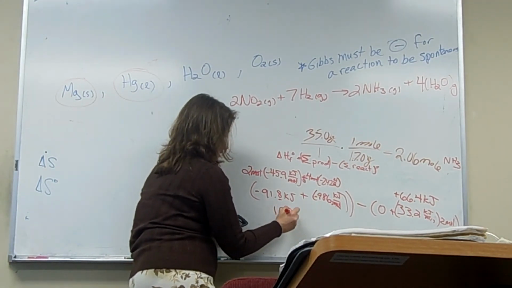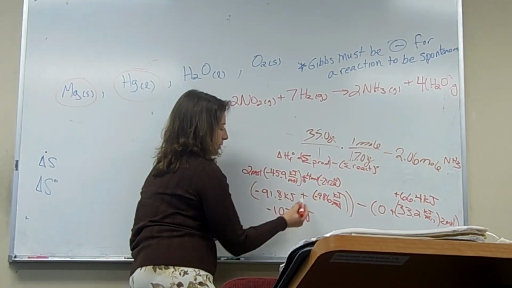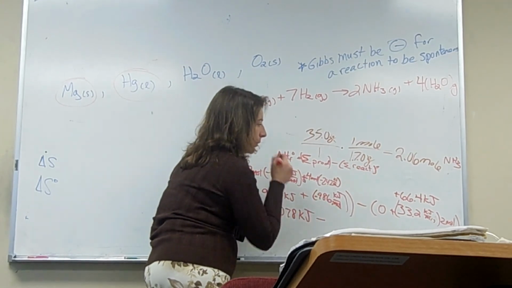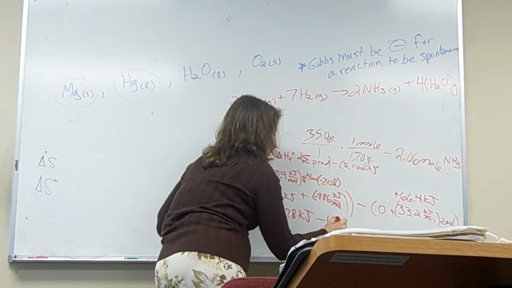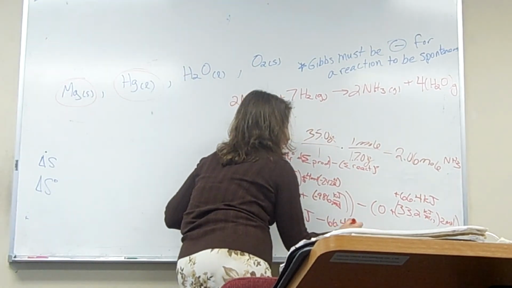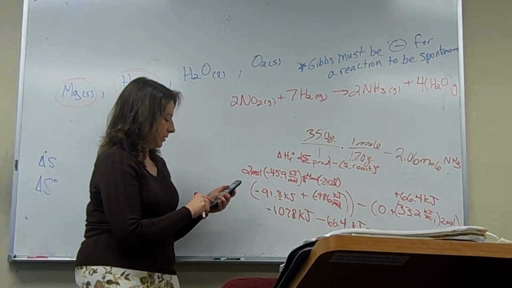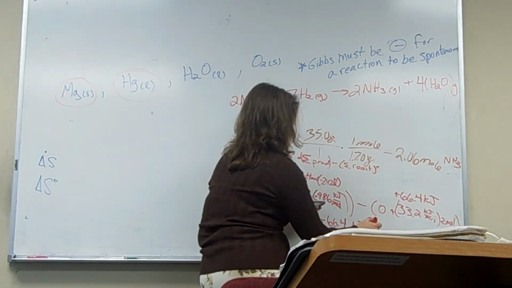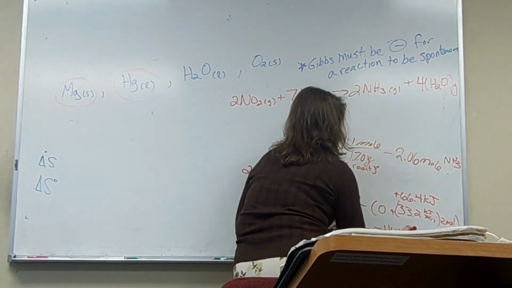So 1078 kilojoules here, which is negative. Minus 66.4. And of course here I'll also end up rounding out that tenths place. I get negative 1144 kilojoules.